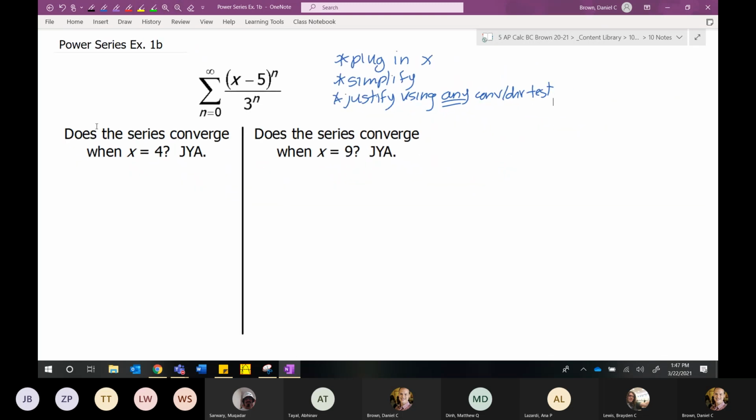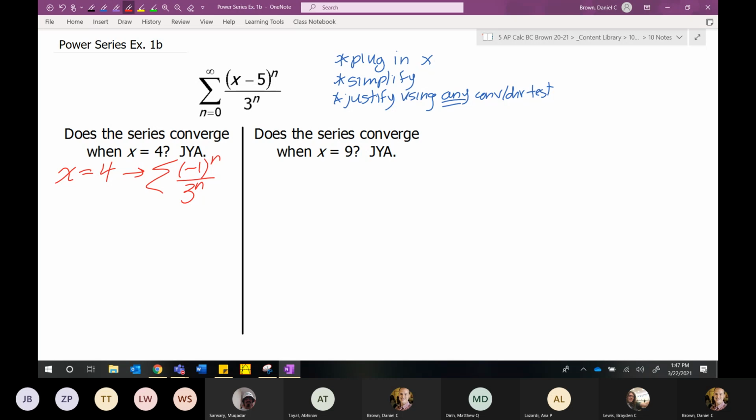So first step, let's just go ahead and plug in x is equal to 4. When x is equal to 4, our series is going to become, I have x minus 5. Well, 4 minus 5 is -1, to the n. So I simplified it. Different tests we can use. I like using the most efficient one. What type of series does that look like?